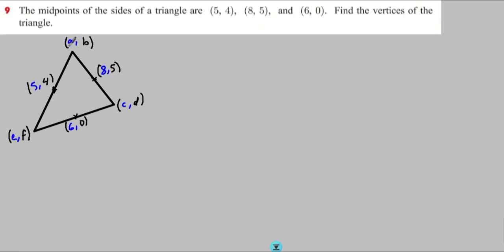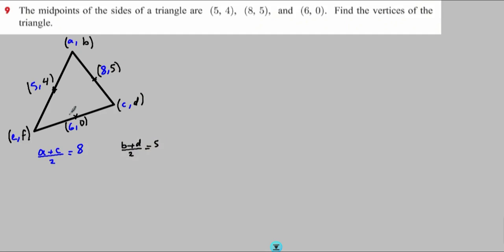We know that A plus C divided by 2 equals 8, because that's what the midpoint is. If we take the y coordinate, we know that B plus D over 2 is 5, so B plus D over 2 equals 5.